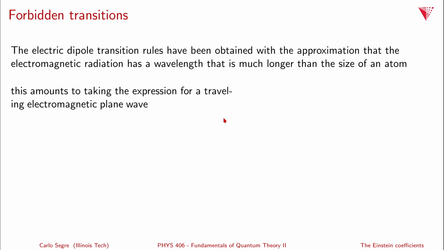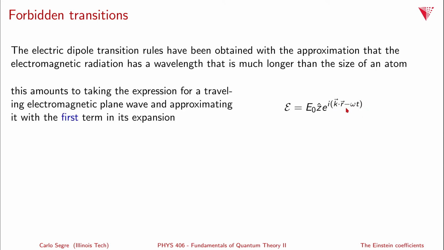What this approximation does is it takes the expression for a traveling electromagnetic plane wave, which is E sub 0 times polarization vector z hat, e to the i (k dot r minus omega t), that's a traveling wave. And we approximate it with the first term in its expansion. Right?